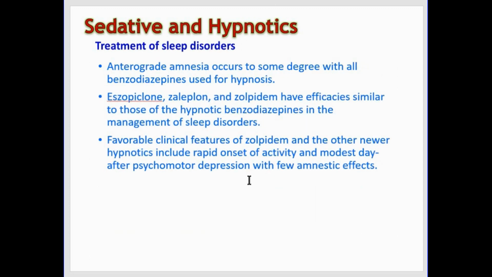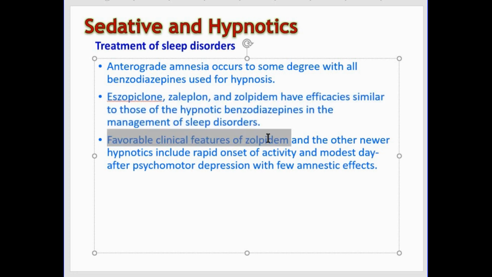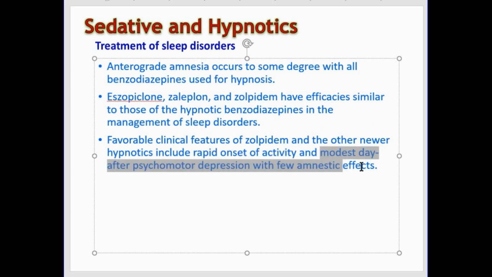Another critical thing is that Z drugs have efficacy similar to benzodiazepines in sleep, so they are as good as benzodiazepines at managing sleep disorder. But what are the favorable features of using a Z drug? These are the newer hypnotics, a new class of drug. They have rapid onset of activity and modest next-day psychomotor depression and amnesic effects.